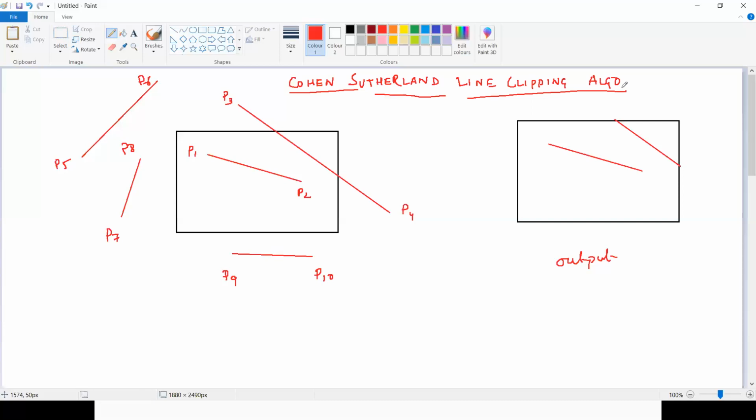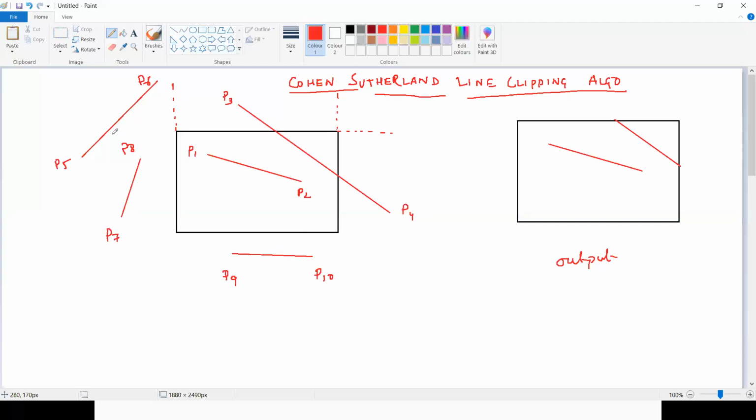For the Cohen-Sutherland line clipping algorithm, the logic is that we will generate the region code. To generate the region code, the entire viewport, that means the clip window, is divided into some regions.